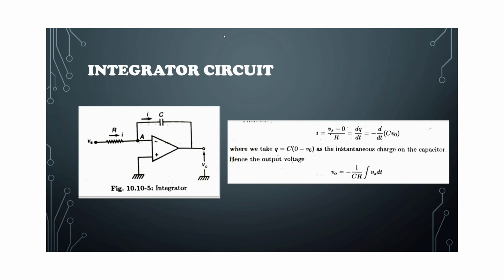Almost the same current flows through R and C. Therefore, using Kirchhoff's current law, we get I equal to (Vs minus 0) by R, which is equal to dq by dt, that is equal to minus d/dt of (C Vo), where we take q equal to C into (0 minus Vo) as the instantaneous charge on the capacitor. Hence the output voltage comes out to be Vo equal to minus 1 by RC integration of Vs dt. Thus the circuit provides an output which is proportional to the time integral of the input signal.